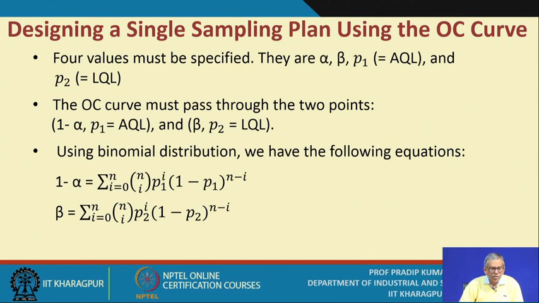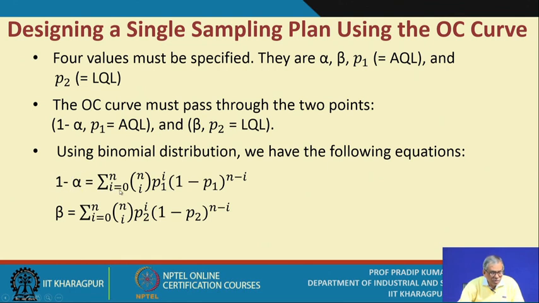Now, how do we determine the values of the decision variables? Using the binomial distribution, considering a series of lots, we have the following equations. What is 1 minus alpha?